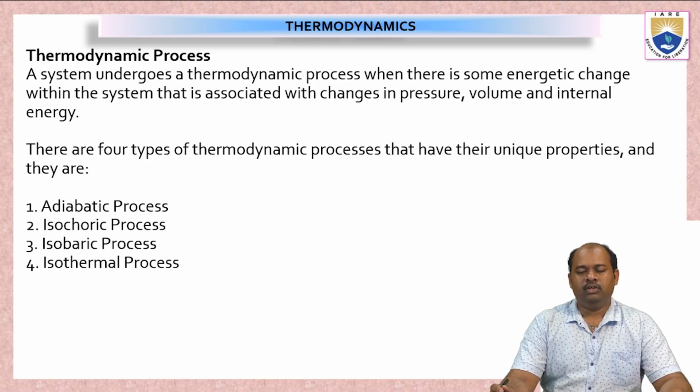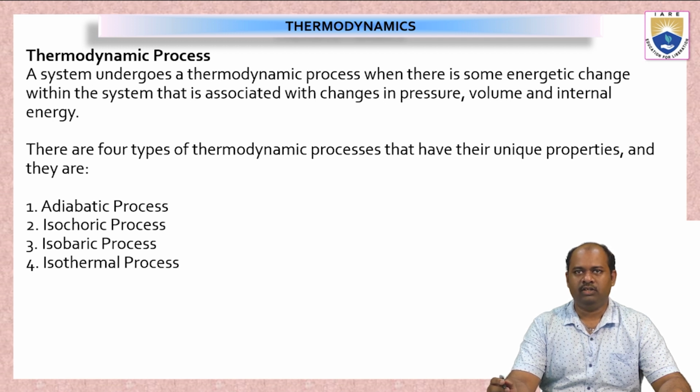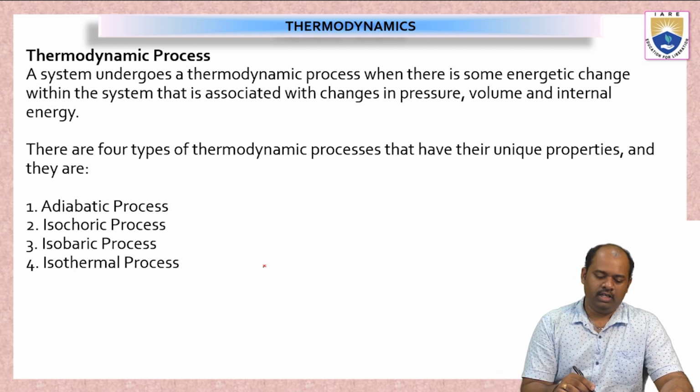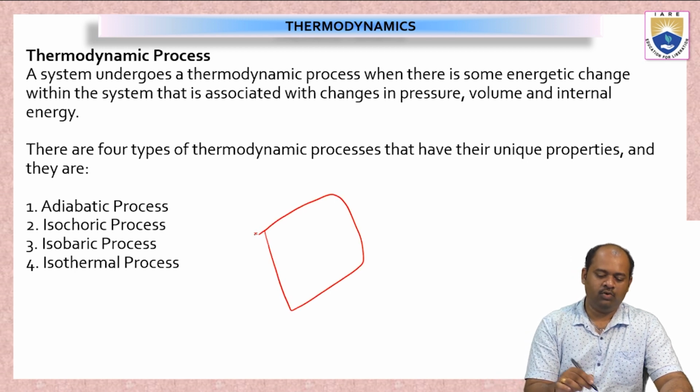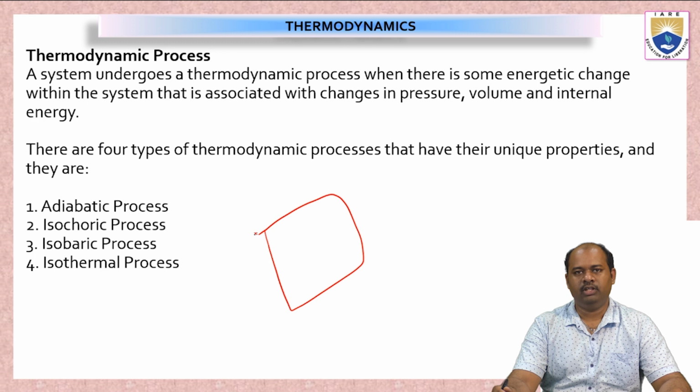First of all, we will see what is a thermodynamic process. A system undergoes a thermodynamic process when there is some energetic change within the system that is associated with changes in pressure. Now, if I take a system, this might be an open, closed or isolated system. When there is an energy change, then the system is said to be undergoing a thermodynamic process.